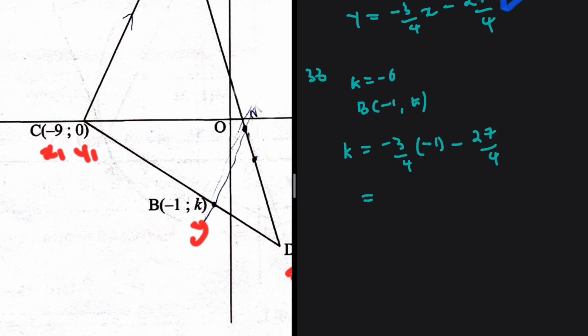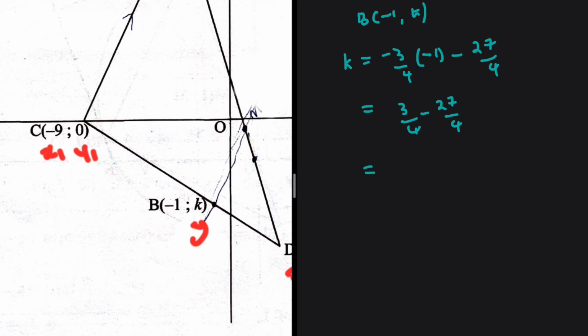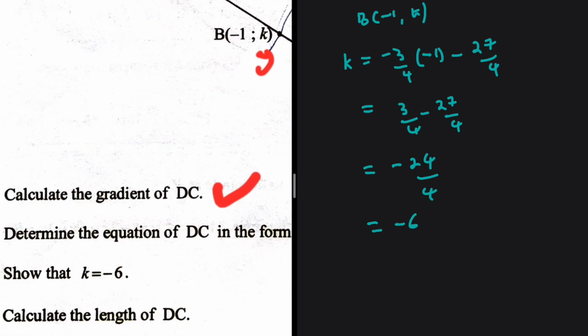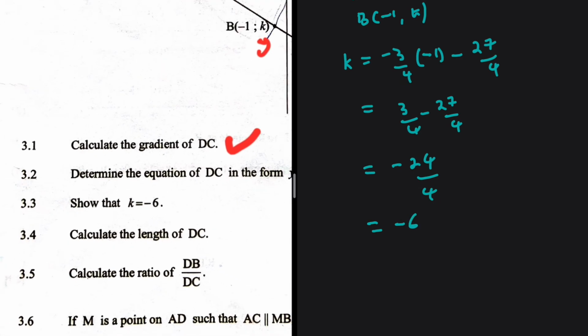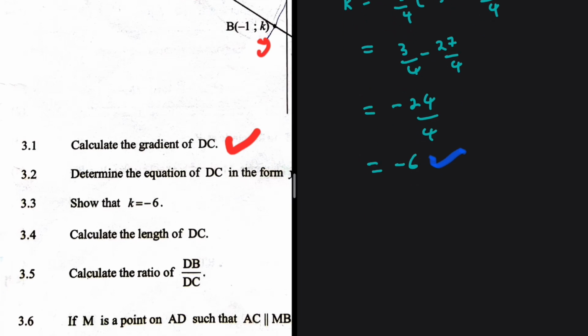So k is equal to minus 3 multiplied by minus 1. That will be 3. So 3 over 4 minus 27 over 4. And then this is just minus 24 over 4. 6, 12, 18, 24. So this is equal to minus 6. So there we go, just like we're supposed to show. k is indeed equal to minus 6.